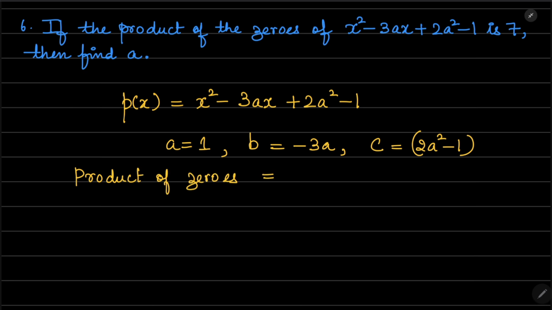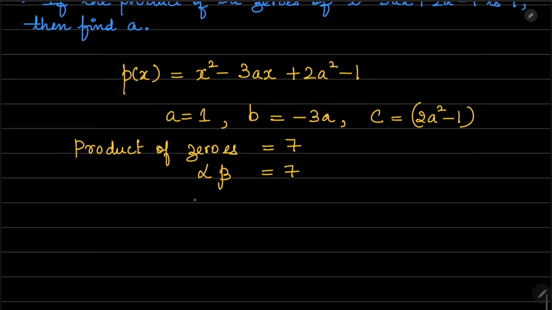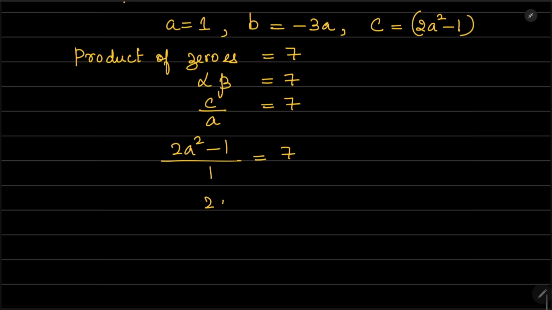You are given that the product of the zeros is equal to 7. That is alpha beta is equal to 7. What is the alpha beta formula? Alpha beta equal to c by a equal to 7. What is c? 2a square minus 1 by 1 equal to 7. So what do you get? 2a square minus 1 equal to, cross multiply, 7.